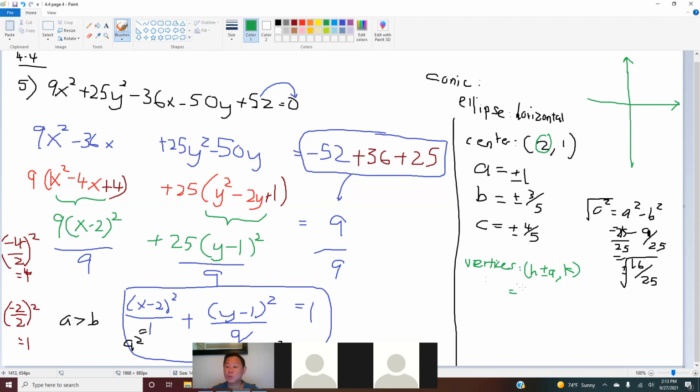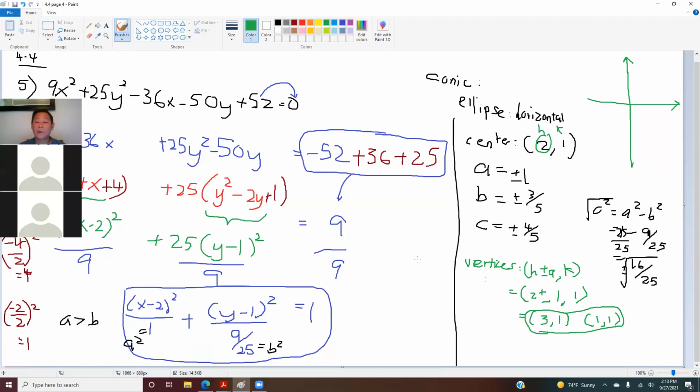So H is 2 plus minus A is 1 and K is still 1 here. So your HK is 2, 1. This is your H, this is your K. So if you take 2 plus minus 1, you get 3, 1 if it's plus, and then you also get 1, 1. So your vertices in this case will be coordinates of 3, 1 and 1, 1.